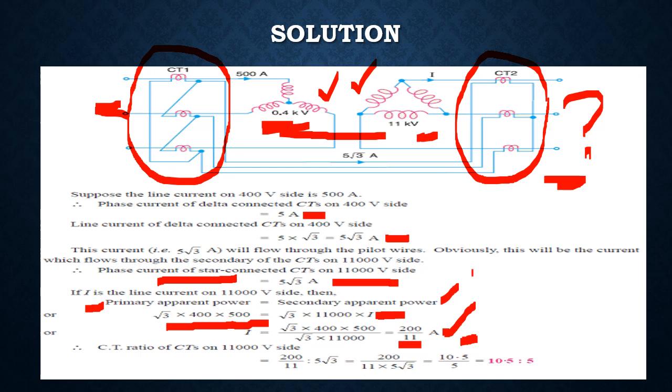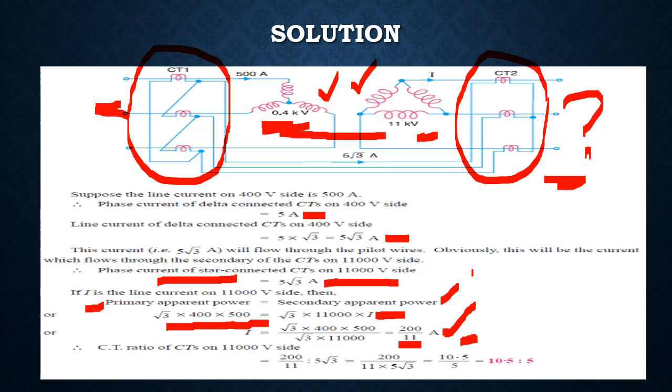So finally, what are the conclusions here? By making the primary apparent power equal to the secondary apparent power, we got the primary current of CT on the 11,000 volt side, that is 200 by 11 amperes. By analyzing the secondary current of CT on the 400 volt side, we got the secondary current of CT on the 11,000 volt side, that is 5 root 3 amperes.